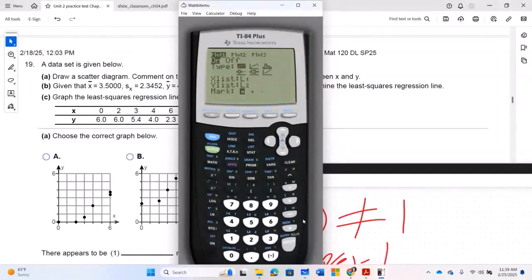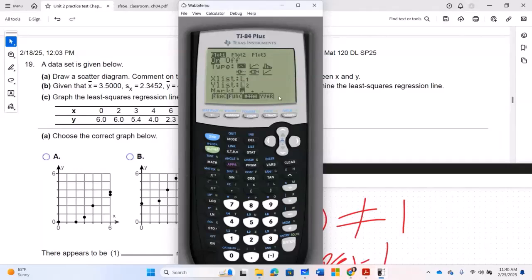So I'm going to select that, and the arrow down is asking me where is my explanatory variable. My explanatory variable is in L1. My response variable is in L2. All right, so now I can draw a scatter plot. But let me zoom 9 and see.